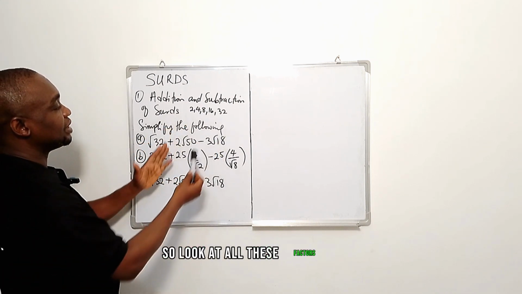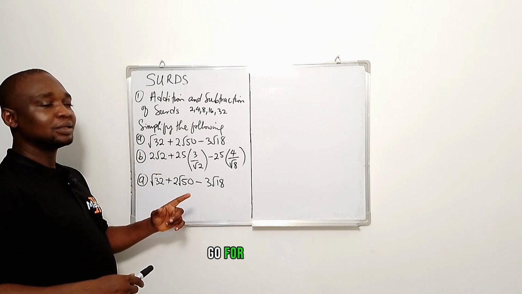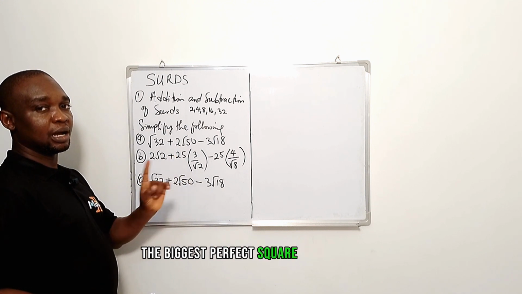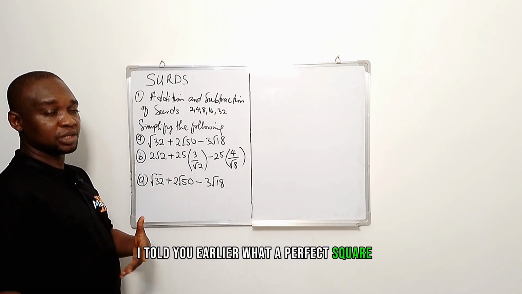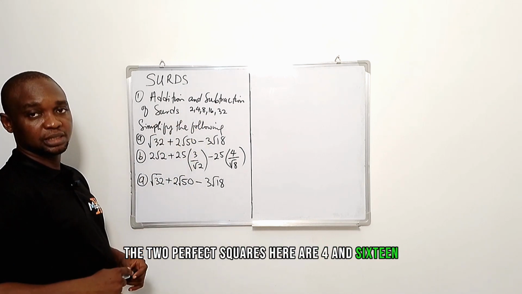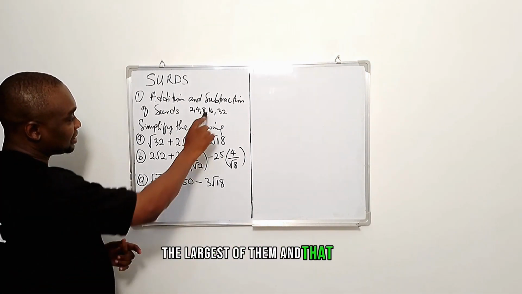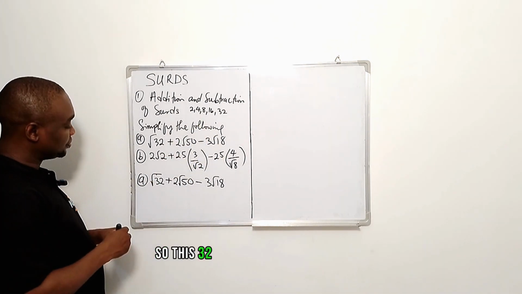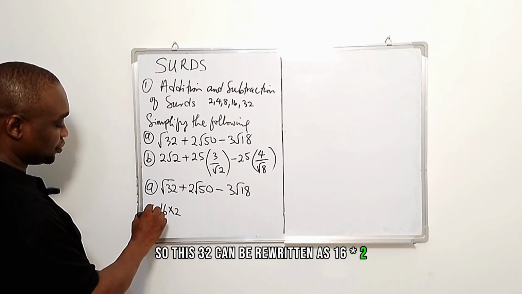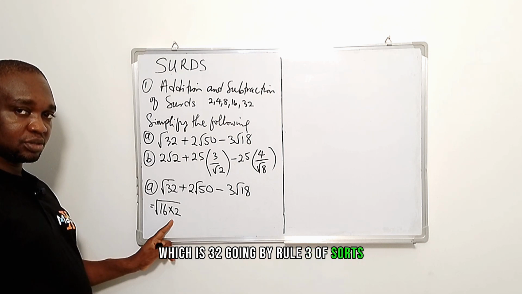Look at all these factors of 32 and go for the biggest perfect square amongst them. The two perfect squares here are 4 and 16. Go for the largest, and that is 16. So this 32 can be rewritten as 16 times 2, going by rule 3 of surds.